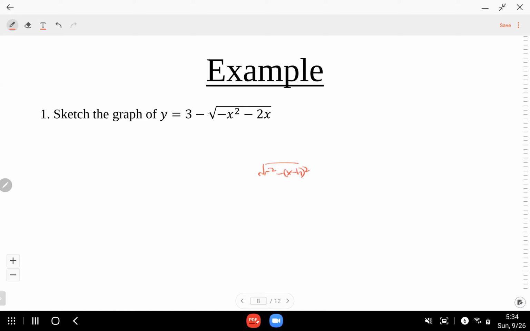Can anybody tell me what this is? This is the equation of the bottom half of a circle. Before we do anything, we need to complete the square.